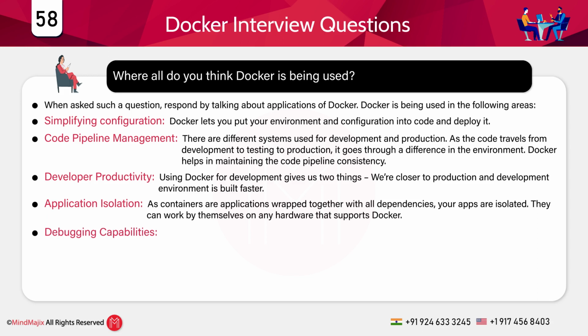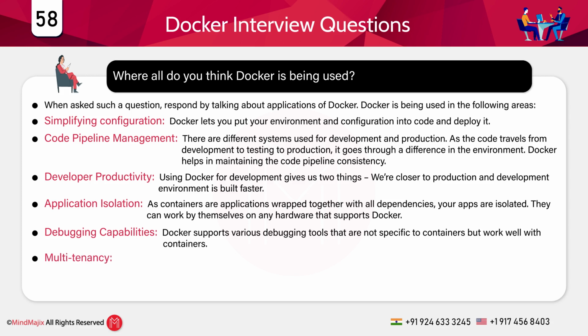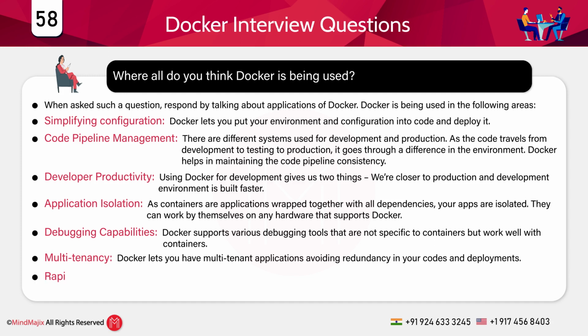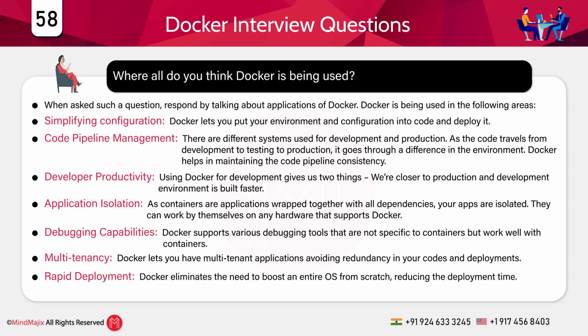Debugging capabilities: Docker supports various debugging tools that are not specific to containers but work well with containers. Multi-tenancy: Docker lets you have multi-tenant applications, avoiding redundancy in your code and deployments. Rapid deployment: Docker eliminates the need to boot an entire operating system from scratch, reducing the deployment time.